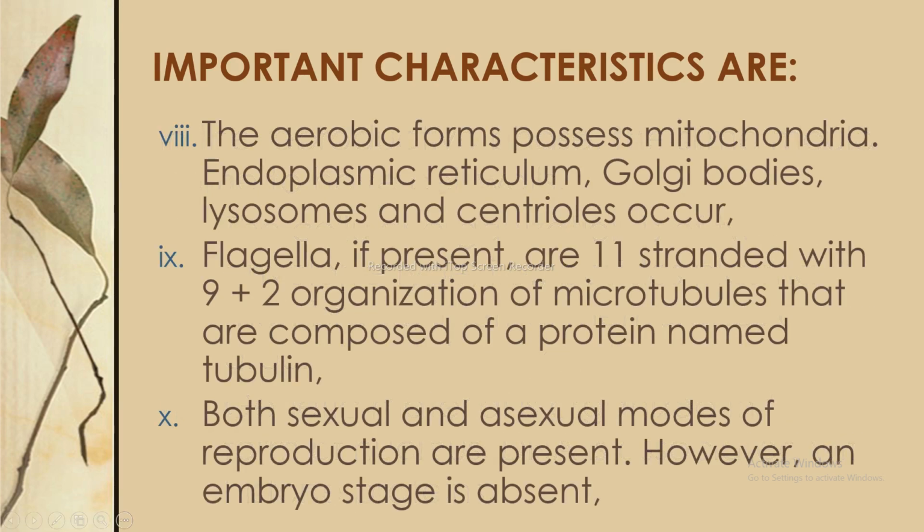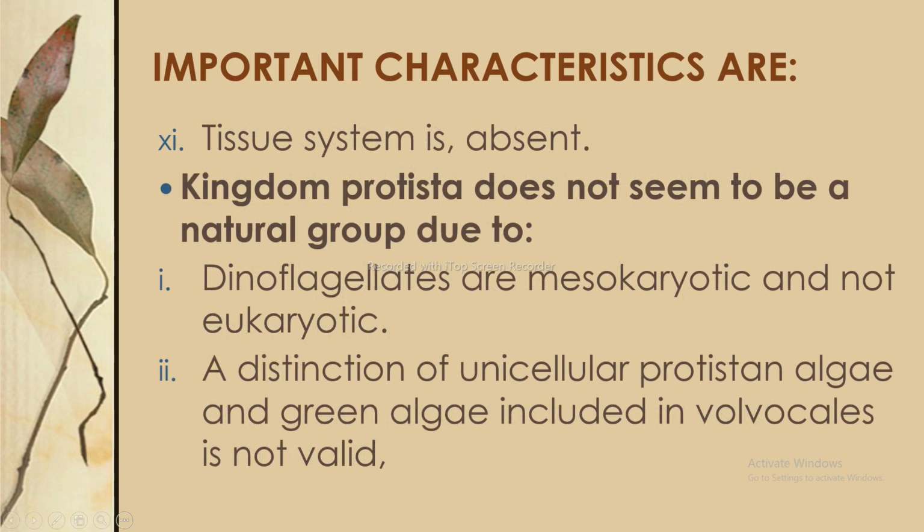The aerobic forms possess mitochondria, endoplasmic reticulum, Golgi bodies, lysosomes, and centrioles occur. Flagella, if present, are 11-stranded with the 9+2 organization of microtubules that are made up of the tubulin protein. Both sexual and asexual modes of reproduction are present. However, the embryo stage is absent. Tissue system is absent.